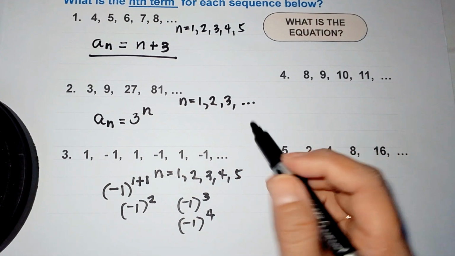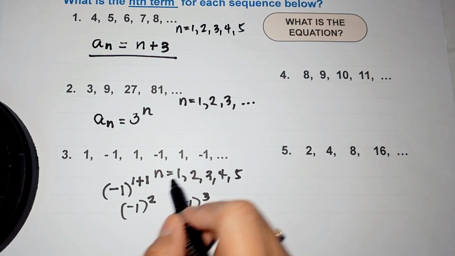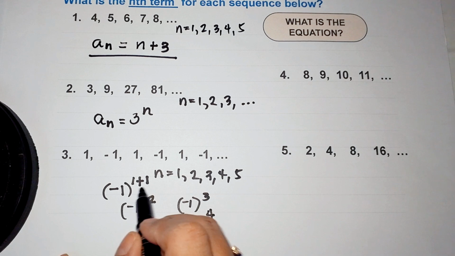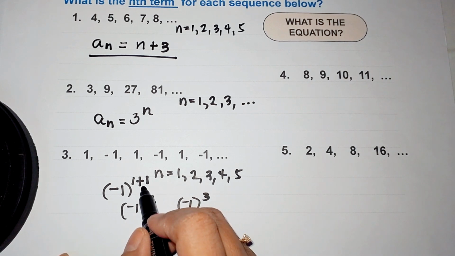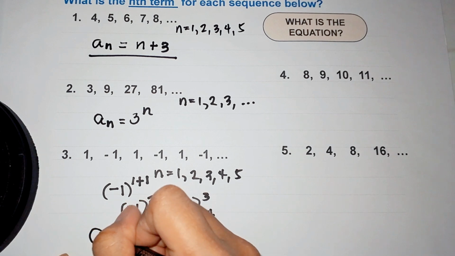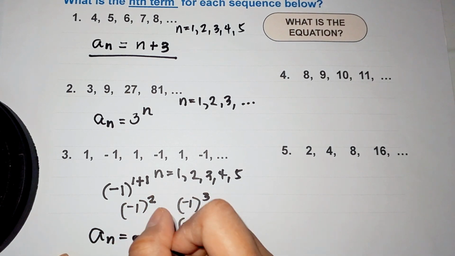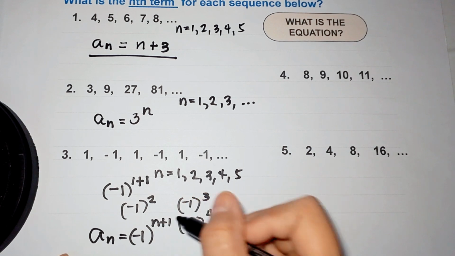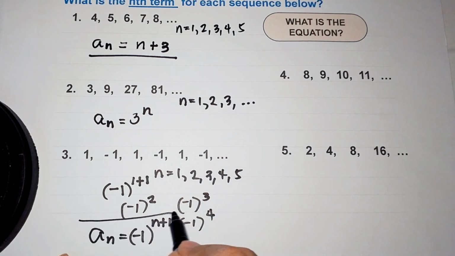So we notice that the value of n must be increased by 1. So that power is the value of n plus 1. Therefore, our equation is a sub n equals negative 1 raised to n plus 1. So, this is our equation.